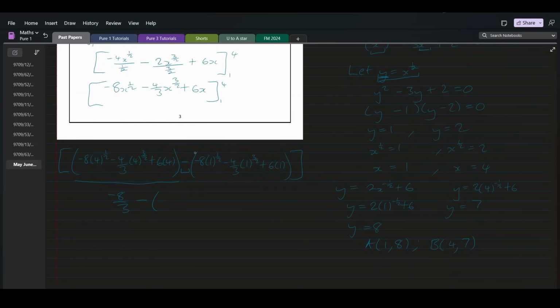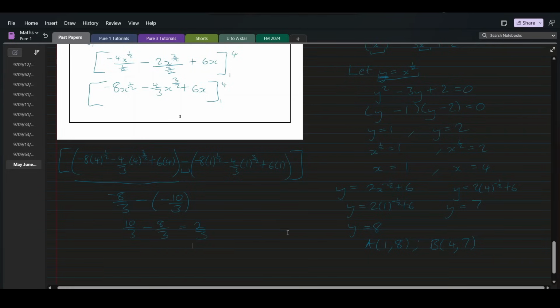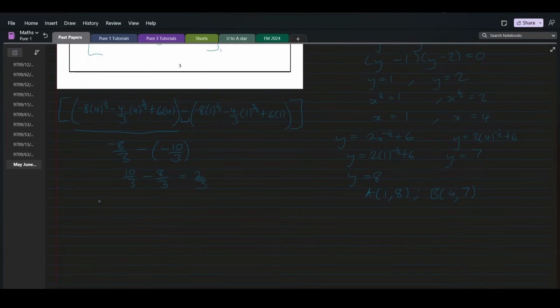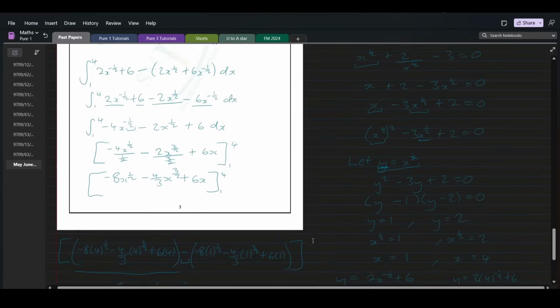Let's evaluate the lower limit: negative 8 times 1 to the half minus 4 over 3 times 1 plus 6 times 1, and that gives us negative 10 over 3. And so this is the same as 10 over 3 minus 8 over 3, and this would give us 2 over 3. So we can conclude that therefore the area between the two curves is 2 over 3.